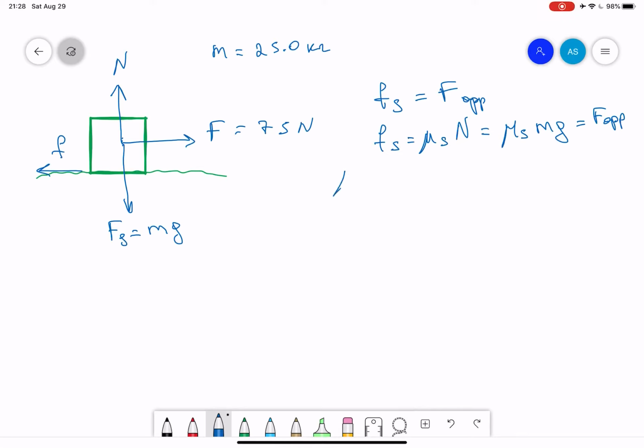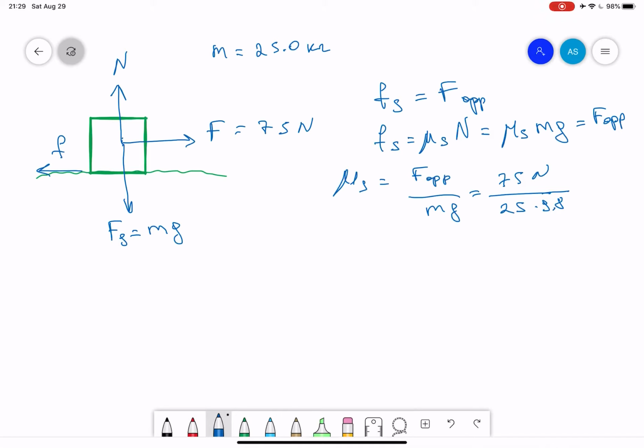So finally we just have to find mu s, which is F applied divided by mg. If you plug in the numbers, 75 Newton divided by mass 25 multiplied by 9.8.